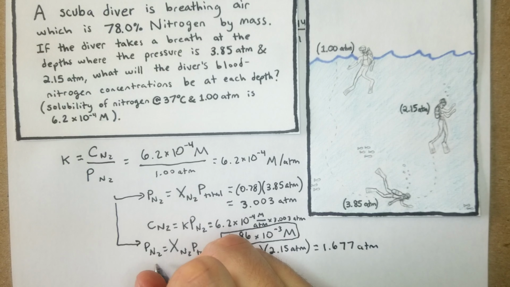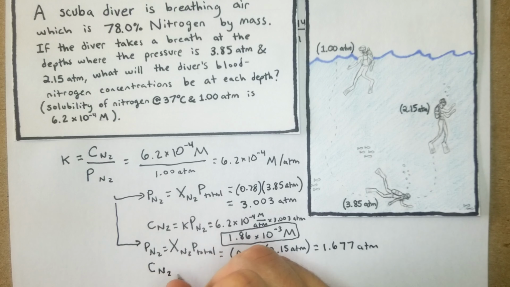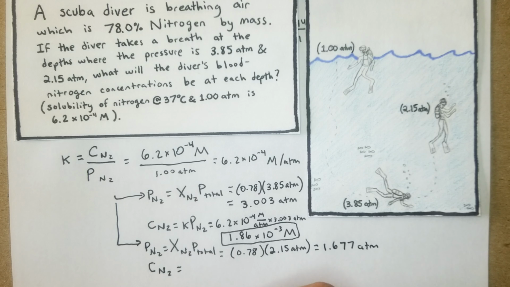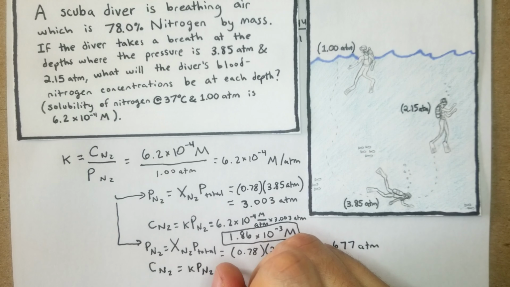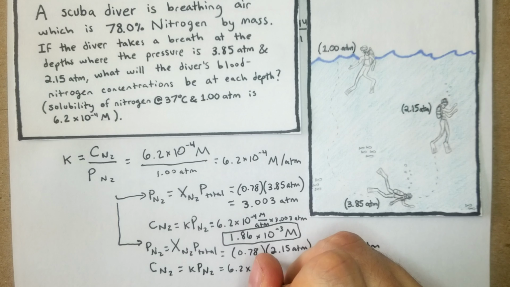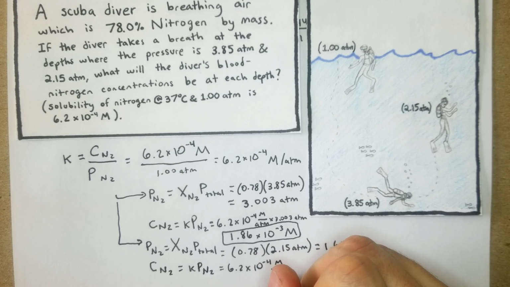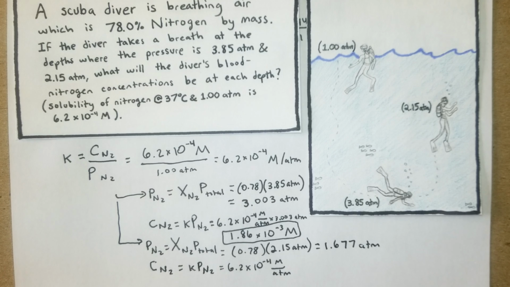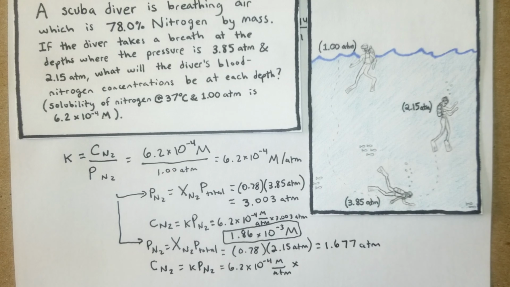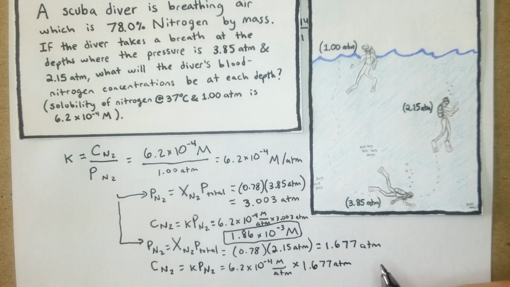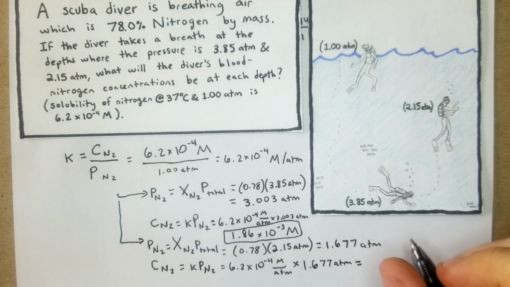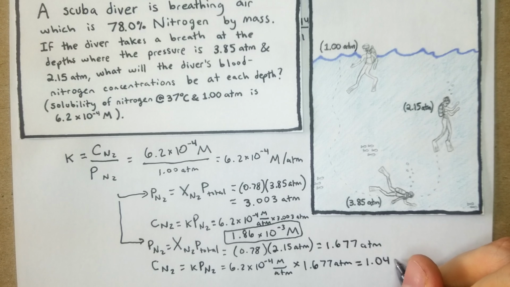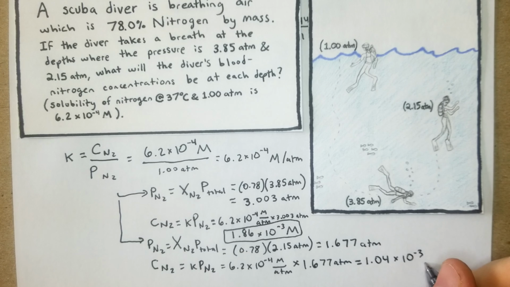Now we're going to use that for the C of N2 at the middle depth. K times P of N2 equals 6.2 times 10 to the negative 4th M over ATM multiplied by 1.677 ATM. And what do we get? We get 1.04 times 10 to the negative 3 molar.